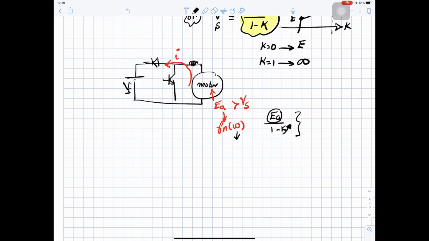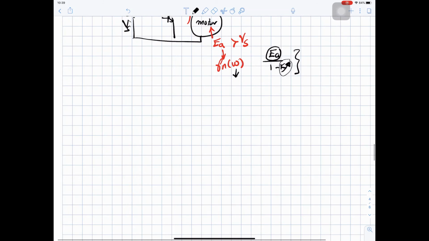So the kinetic energy, or the speed, will go down. So you will keep controlling K. You will be playing with this K, so you can keep braking the machine using regenerative braking. This is a very good technique to do braking, the regenerative braking.